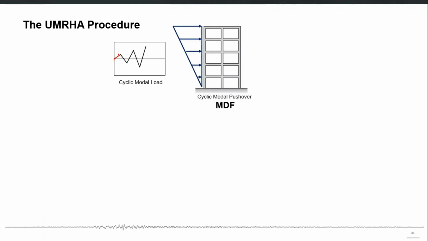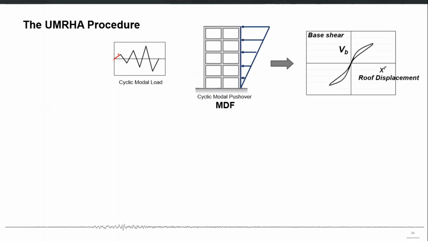Every time we apply the loading, we increase the amplitude and reverse the direction. Using this, we can generate what we call the cyclic pushover curve: we load it up to a level, then unload it and load it in the opposite direction, then again unload and load in the opposite direction. So we develop these cyclic loops between base shear and roof displacement.